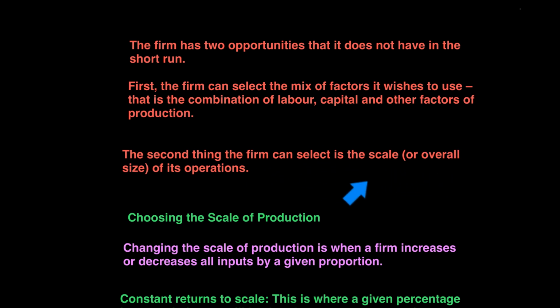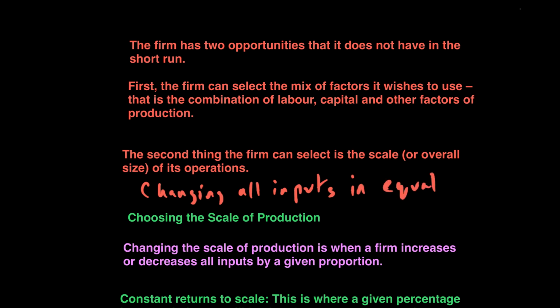While choosing the scale of production is basically changing the scale, and scale means changing all inputs in equal proportion.